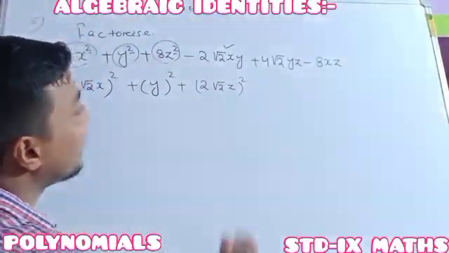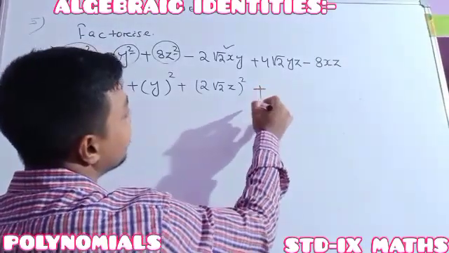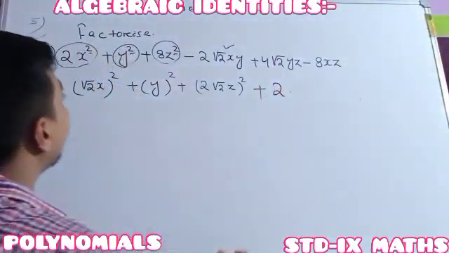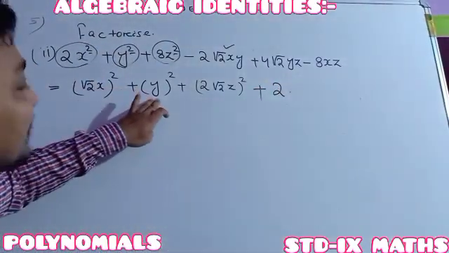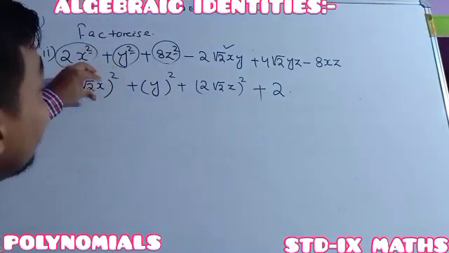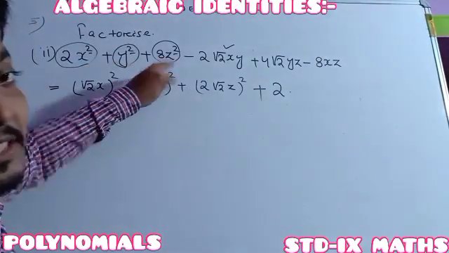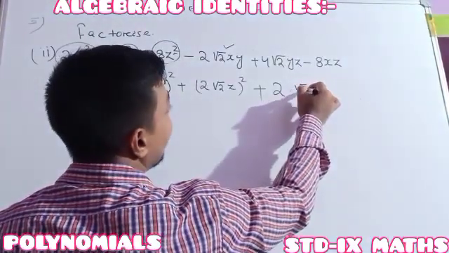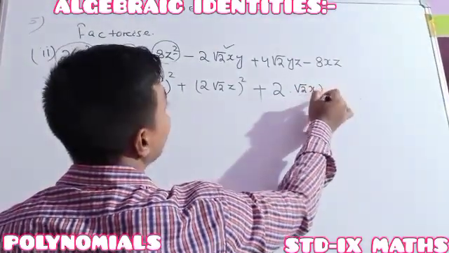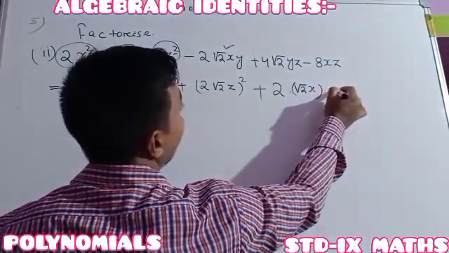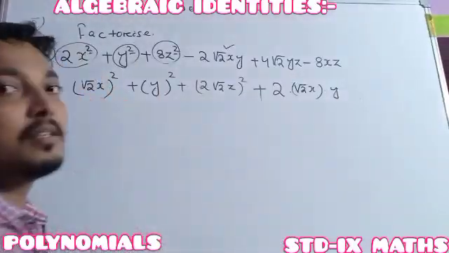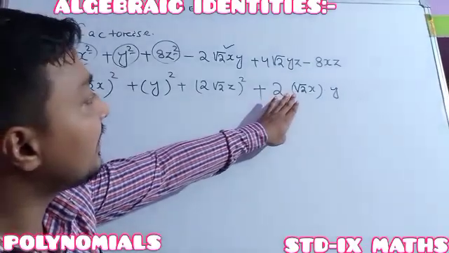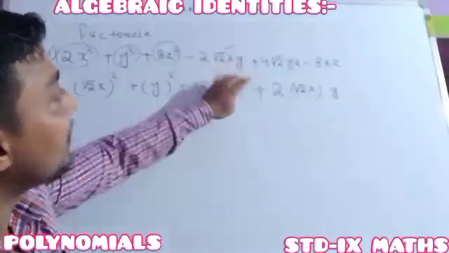See, here it is plus 2 into product of this one and this one, not a square. It is whose square? That one and this one. Okay. So for which here it is root 2x into y. See whether it is clearly balancing with this one, otherwise not.